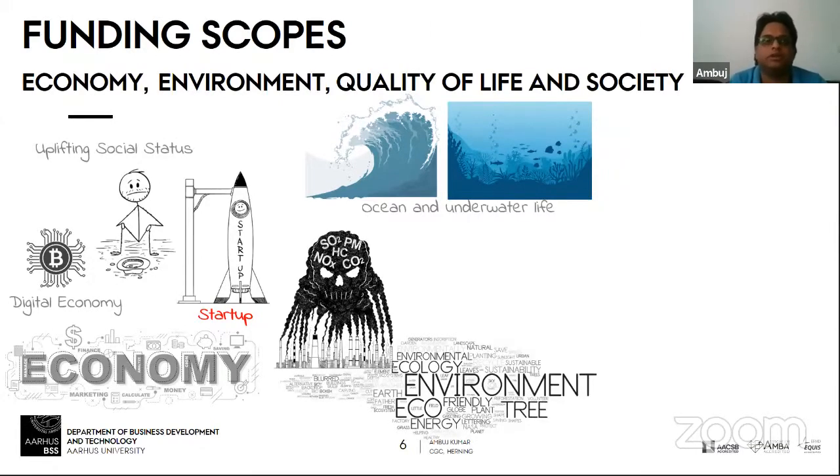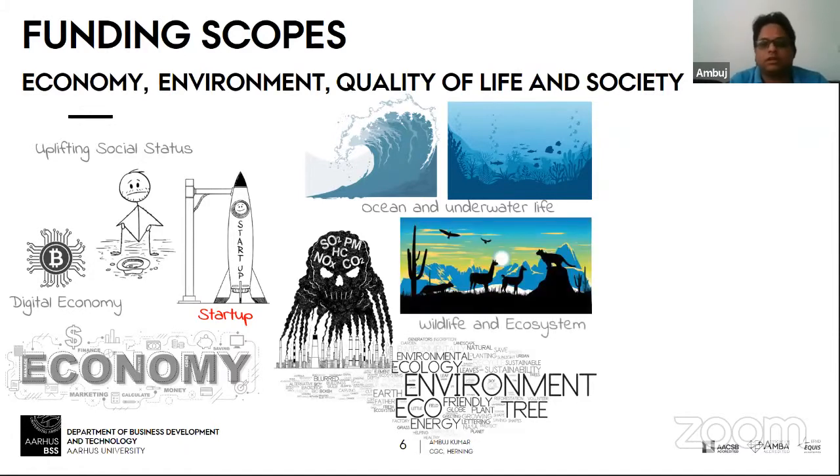India can also come up with such areas where we are concerned with oceans and underwater life. And then again, wildlife and ecosystem: how to save wildlife, and how to make this planet more sustainable and habitable. So these are the initiatives in this area. Mainly, talking about the environment is about having a healthier planet, so any solution or initiative in this area is very promising.